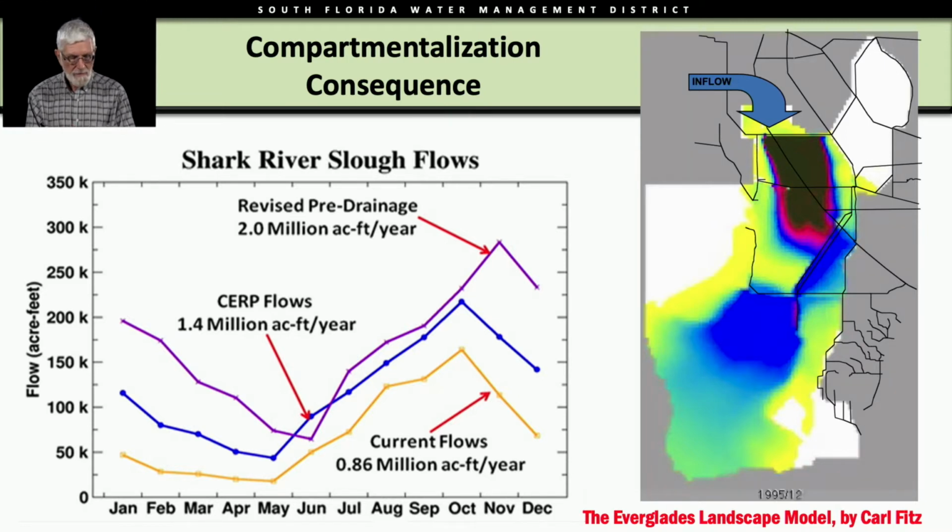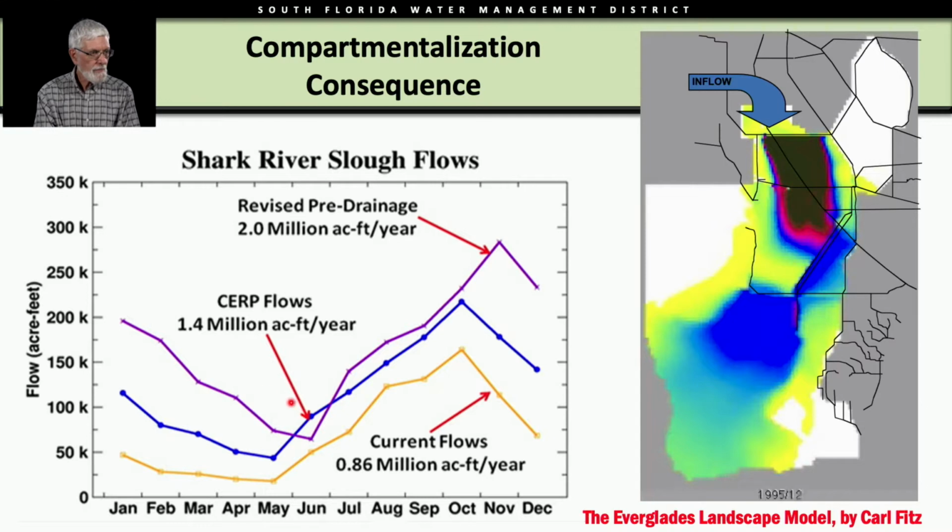And restoration also needs to improve the dry season. If you look at these three graphs, the current flows, the SERP flow that we hope to get, and what we think is the pre-drainage flow across Tamiami Trail into Shark Slough, you see significant differences, not only in the quantity of water, but also the timing of the water that we are trying to get.